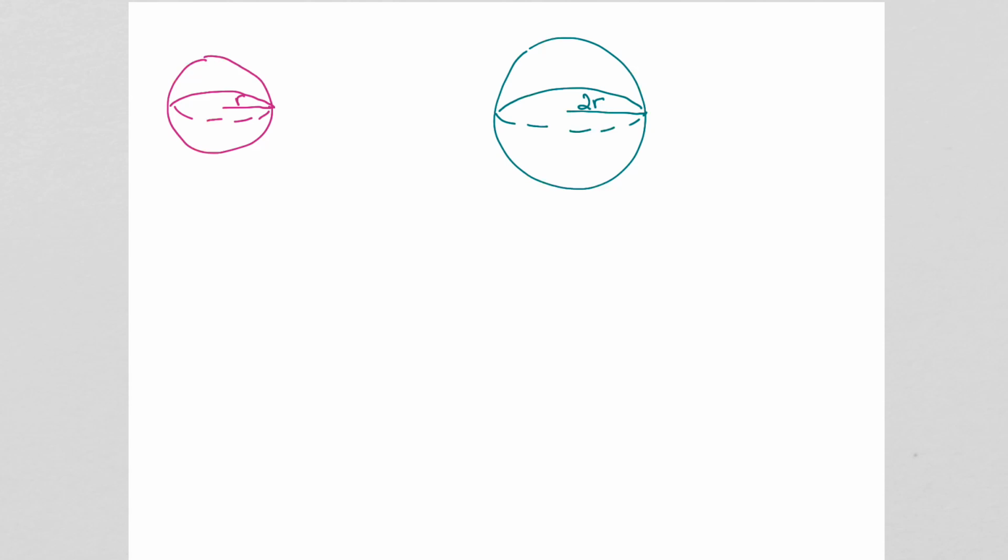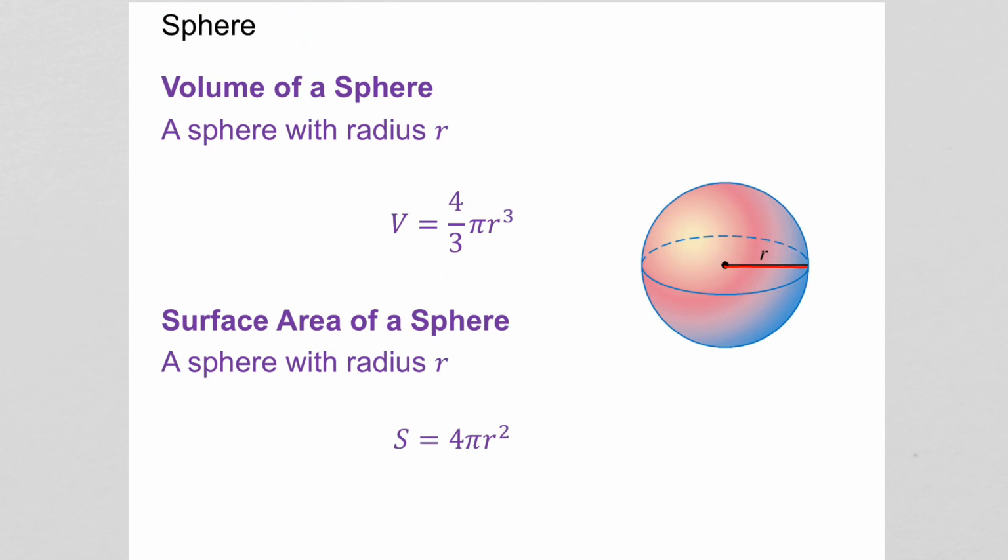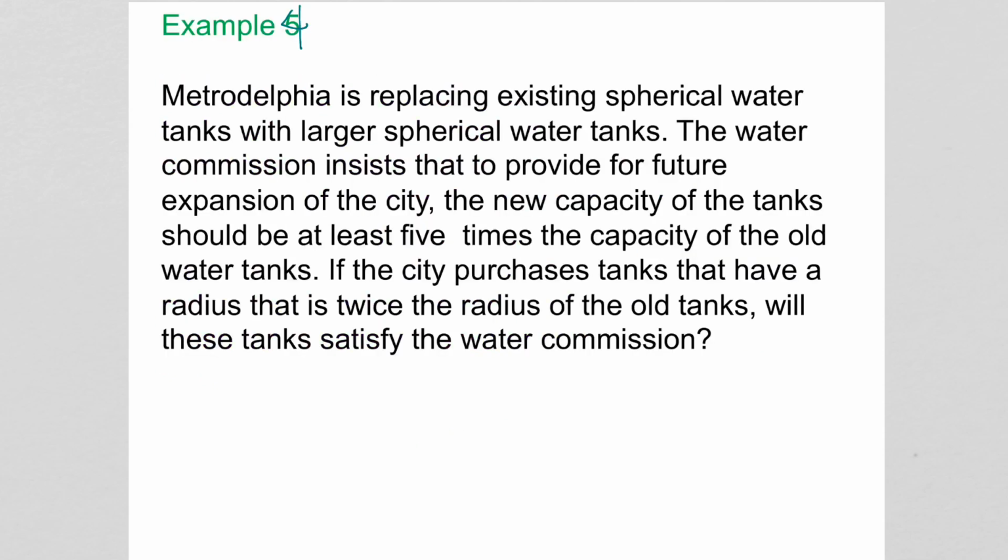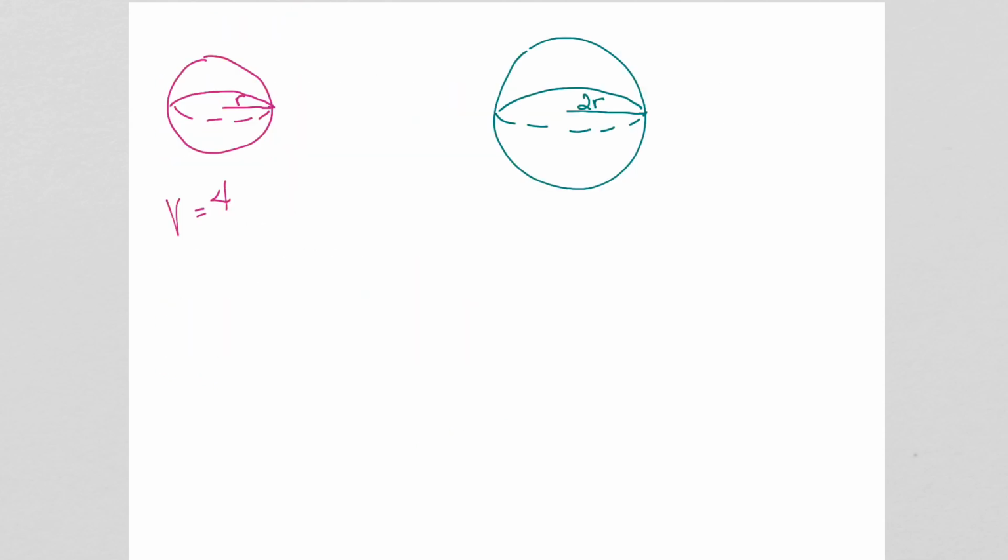So let's see. We find the volume of the first one. The formula was 4/3 pi r cubed. So that's 4/3 pi r cubed. That's it. The volume of the second one would be 4/3 pi, and r is now 2r cubed.